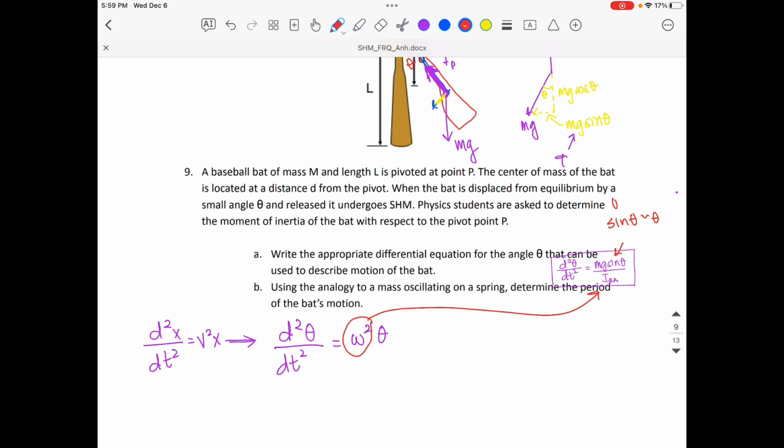And again, theta would have to be less than 15 degrees. So we can go ahead and make that substitution. My d2 theta over dt squared is equal to mg theta over inertia. And from there, my omega squared is mg over inertia.